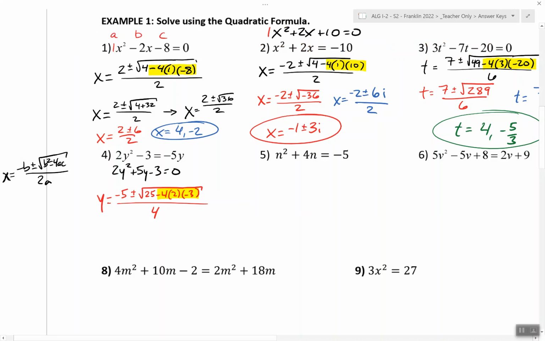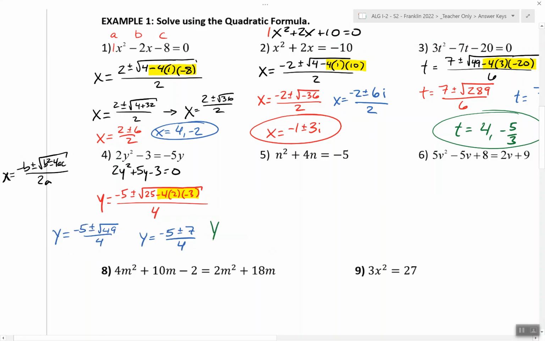So when we simplify this, y equals negative 5 plus or minus the square root of, now 25 plus 24 is 49 over 4. That's nice because that's a perfect square. So y equals negative 5 plus or minus 7 over 4. And so we can get our final two answers here.